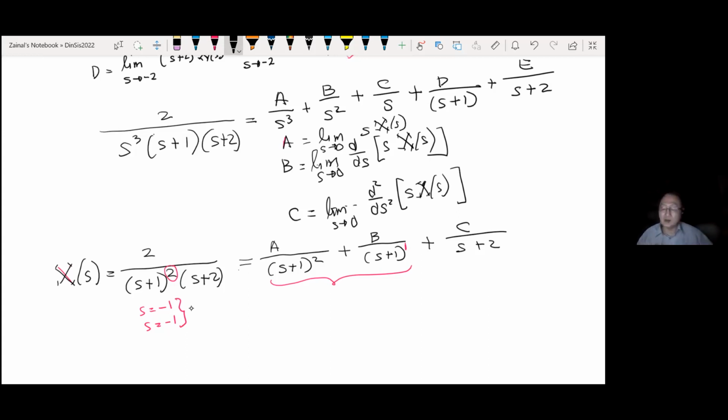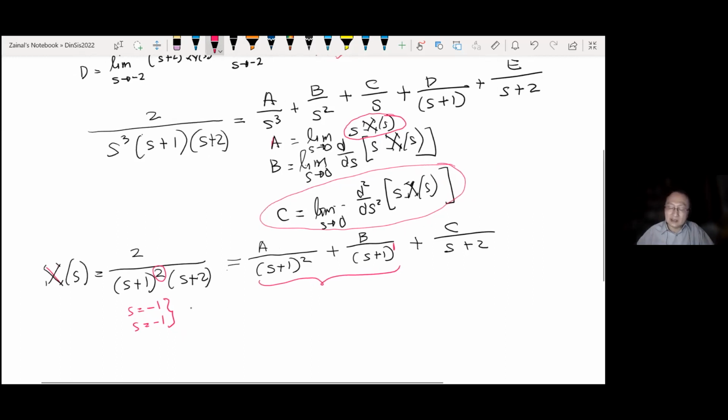Untuk mencari B ini diturunkan sekali. Untuk mencari C diturunkan 2 kali, jadi agak panjang, tapi Anda nggak perlu menyederhanakan karena nanti disubstitusikan nilainya untuk S sama dengan 0.